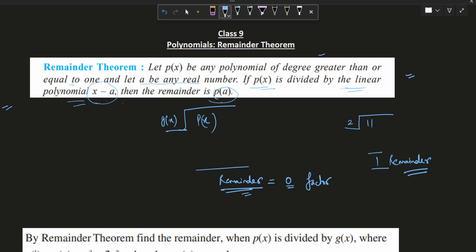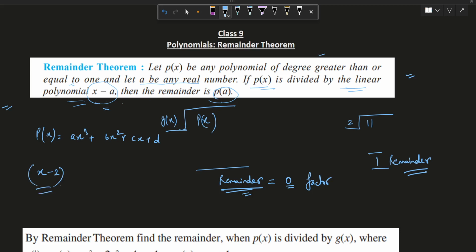Okay, you will understand it with an example. Say you have a polynomial something like this: ax cube plus bx square plus cx plus d, and I'm dividing it by, let us say, x minus 2. So this 2 is a real number.